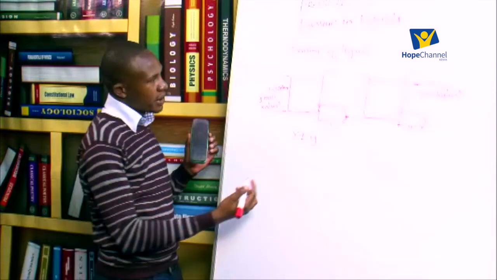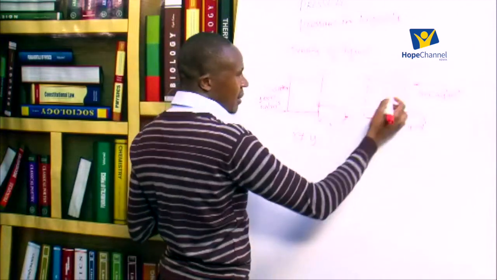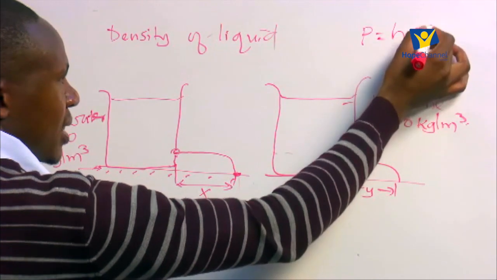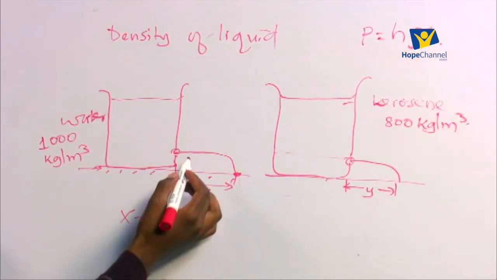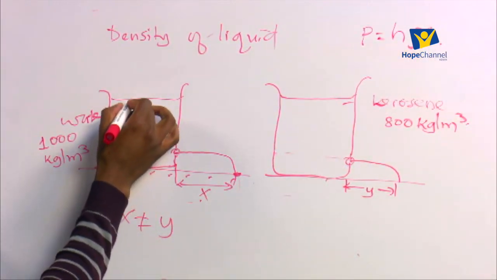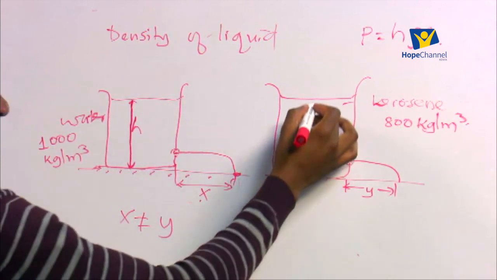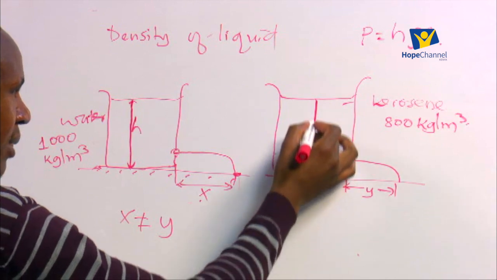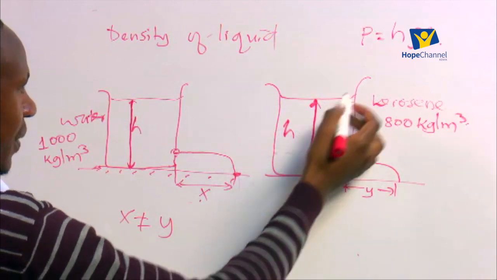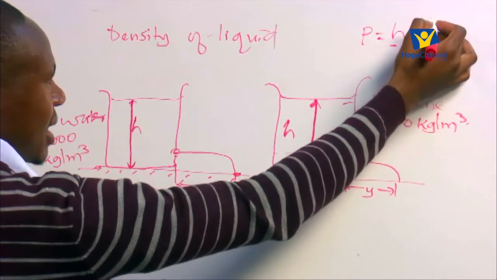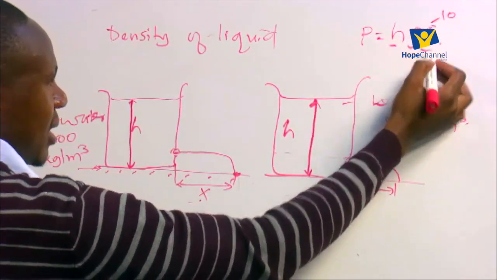Already we know from the formula that pressure in the liquids is equal to h times rho times g. The height of the liquid is the same from the top to the bottom here. This h is the same from the top to the bottom for the kerosene. So the h is the same for both. And the gravitational acceleration, again being a constant, which is 10, will be the same for both cases.